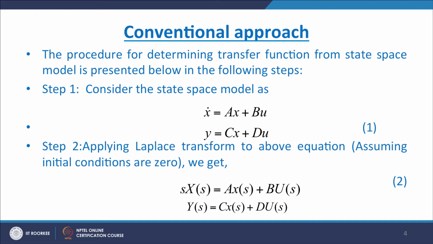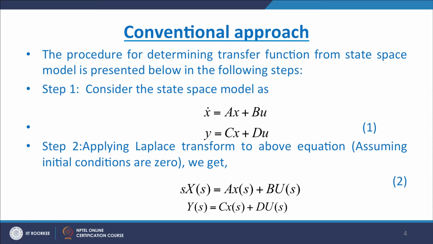Now, we want the model in transfer function form. Transfer function means the S domain. Therefore, we apply Laplace transform to equation 1. When we apply Laplace transform to equation 1, we neglect initial conditions. So, here initial conditions are neglected.